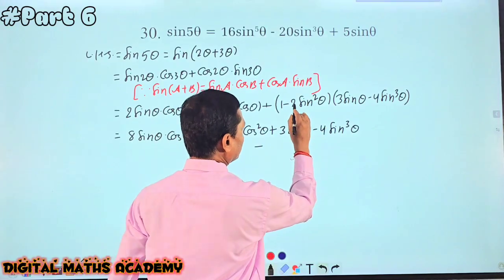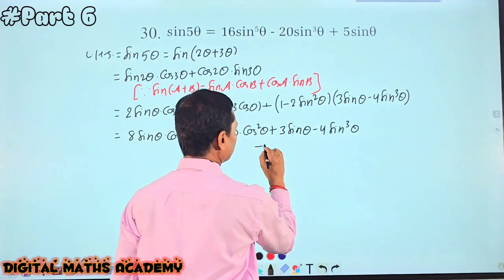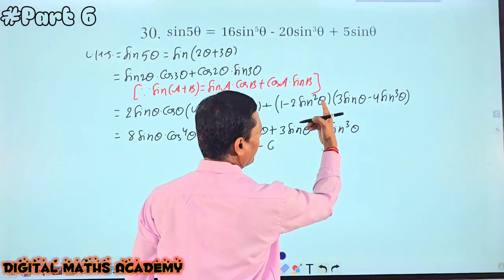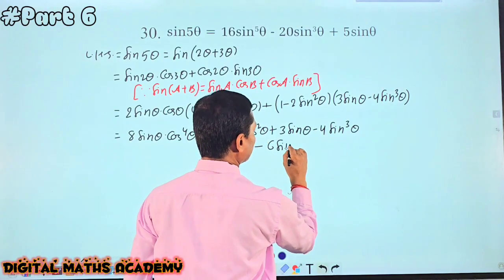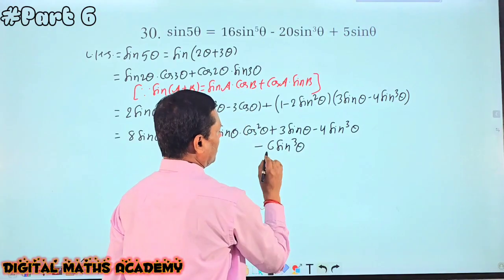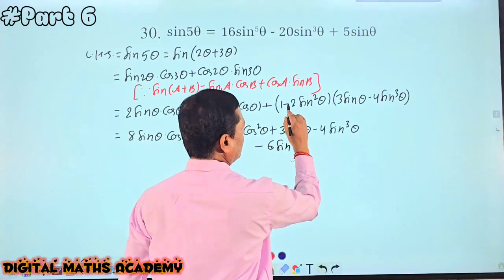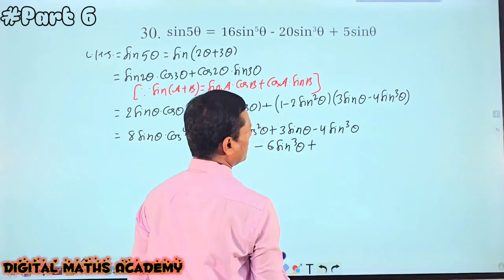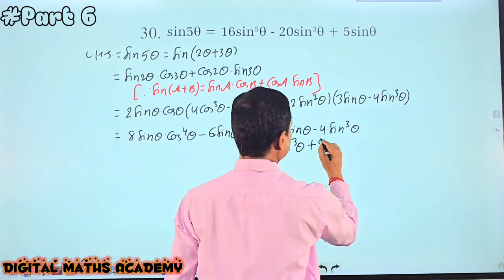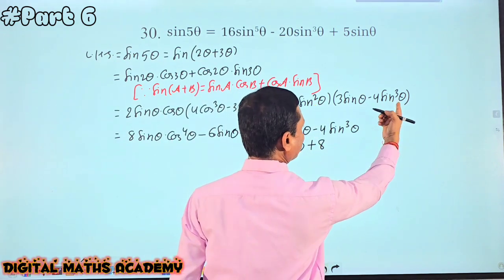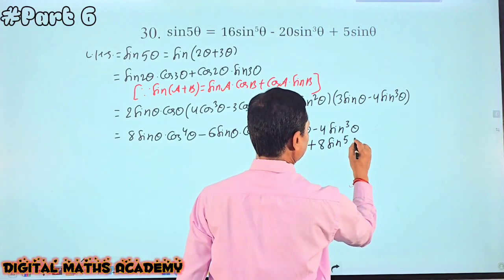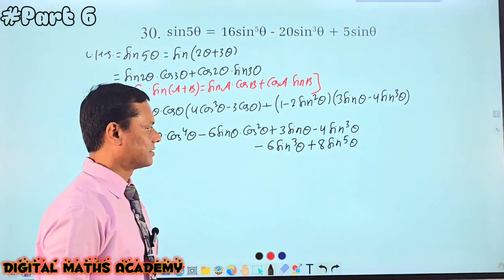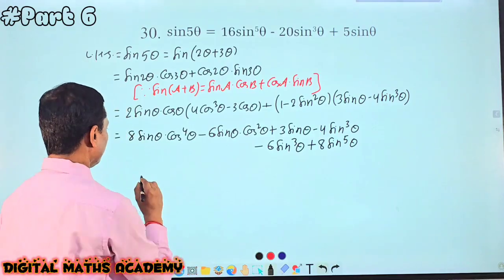So here will be minus 2 into 3, that is 6, and sin square dot sin theta, that becomes sin to the power 3 theta, and minus times minus, plus 2 times 4 is 8, sin square dot sin cube, I can write sin to the power 5 theta. Laws of indices, I think all of you know.